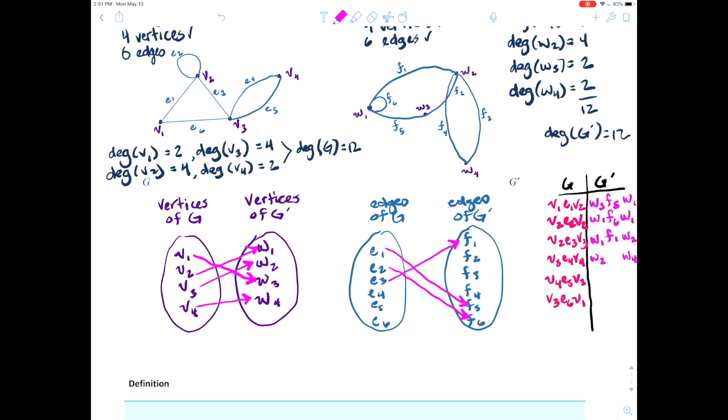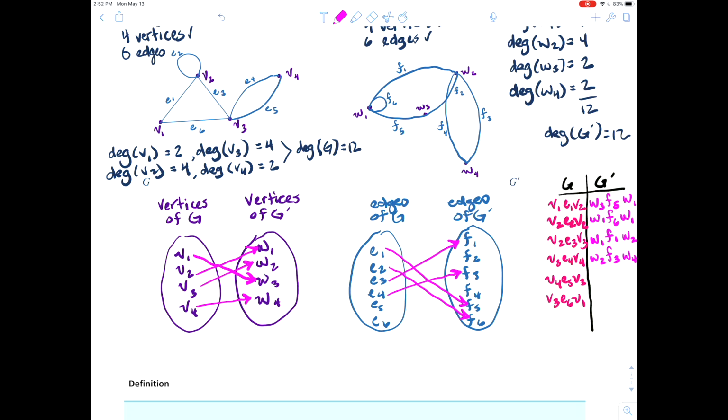We had V3, E4, V4, so we're going from the one with degree 4 to the one with degree 2. We need the edge in between for graph G prime. W2 to W4 is going from degree 4 to degree 2, and I think it'll be F3 that's in between them. So E4 would have to correspond to F3. So far so good for isomorphism.